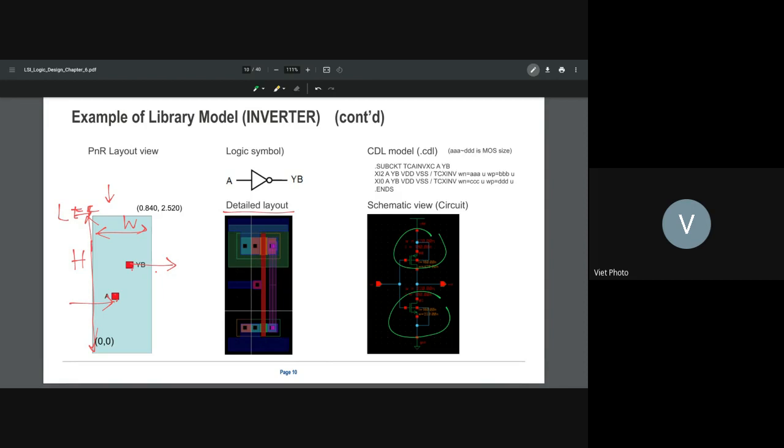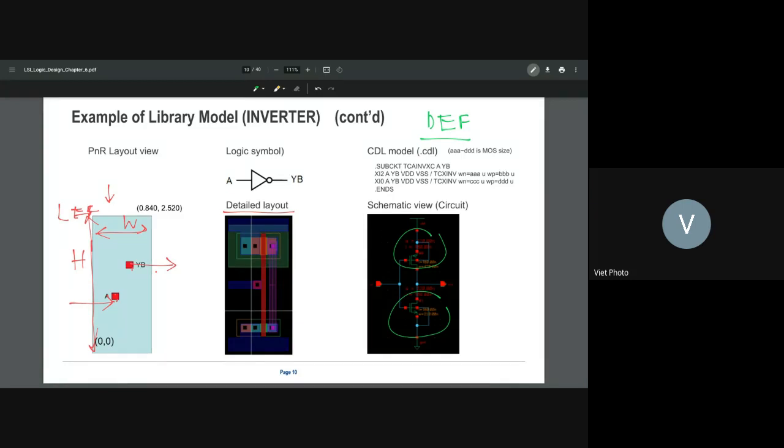And the DEF file is described. The DEF file, I think it doesn't mention it here. But this one is to describe the location or the shape, the via, right?